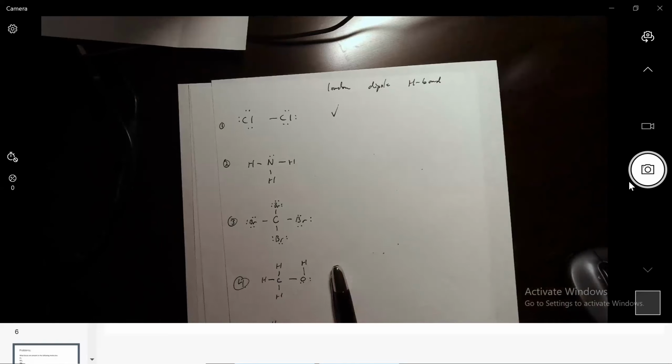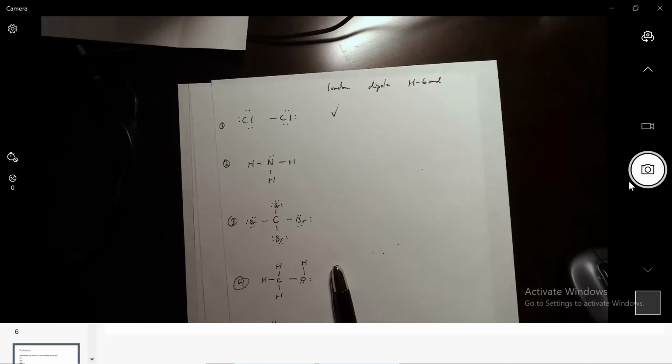Do you think we have a dipole moment? Are there going to be partial positive and partial negative charges? So remember, a dipole moment comes from a difference in electronegativities.